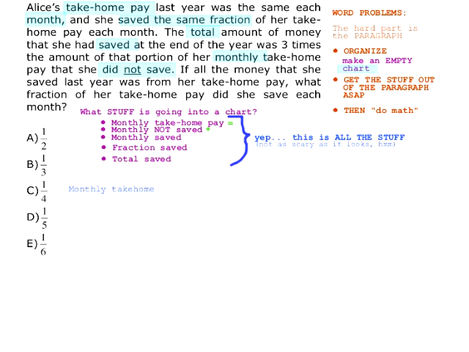Monthly saved. And then you have monthly not saved. And then you have total saved for the year too. Let's shrink these a little bit. And NS stands for not saved. There.